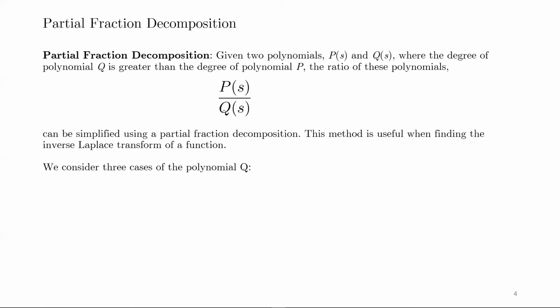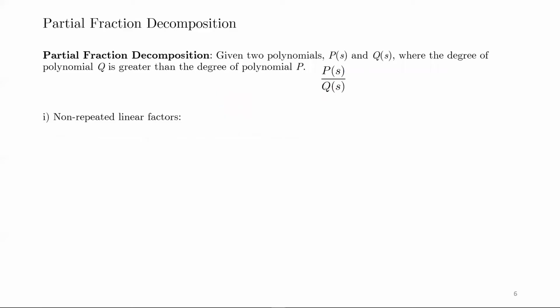Again, like I said, this is going to pop up a lot when we're solving initial value problems. So there are three cases for the polynomial q that we're going to consider: when q has non-repeated linear factors, when q has repeated linear factors, and when q has quadratic factors.